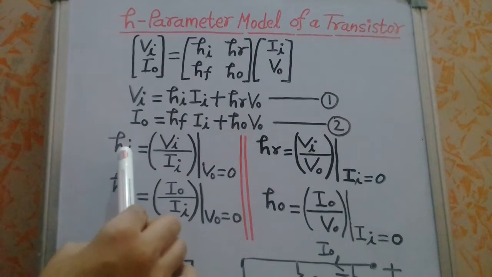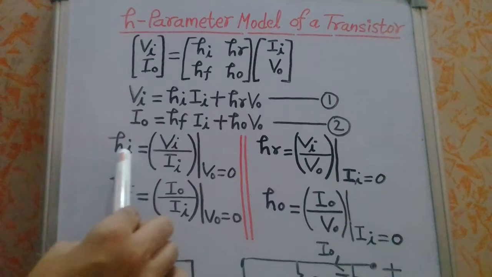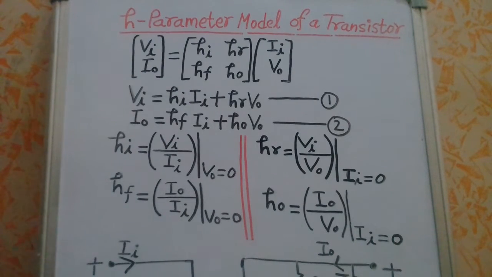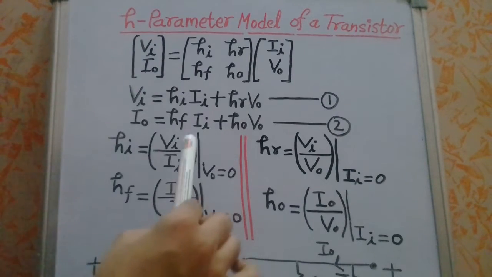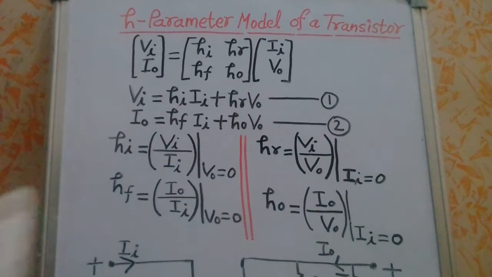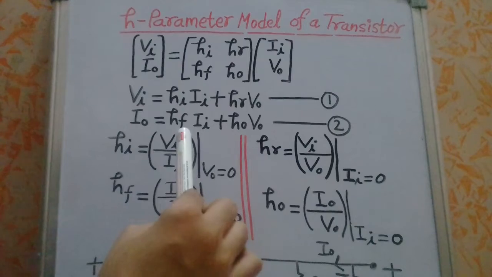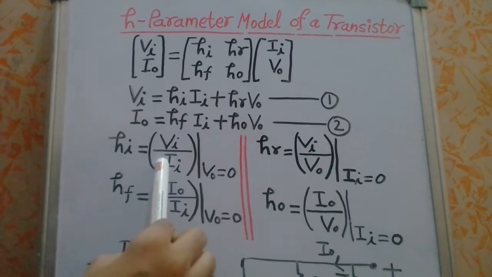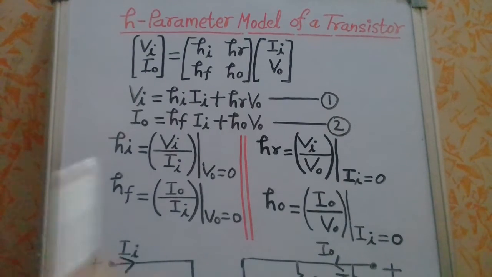Now can you tell me what should be the name of this h parameter indicated by hi? It's very easy. This is the ratio of voltage to current, input voltage Vi to input current Ii. Volt by ampere is an ohmic value, it is basically impedance.